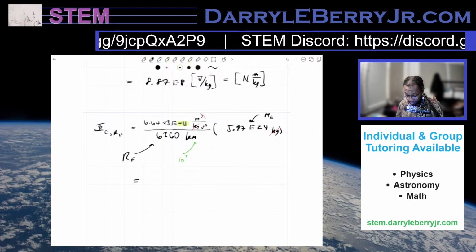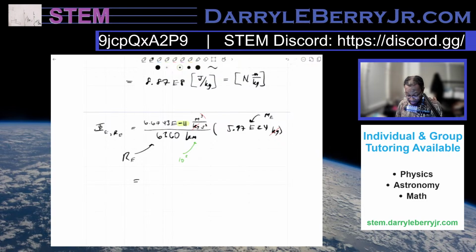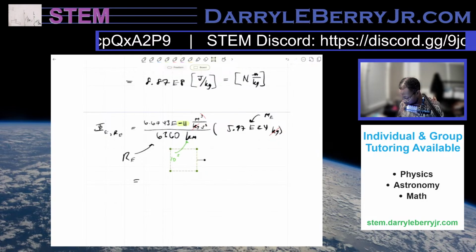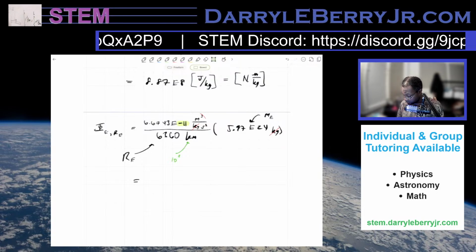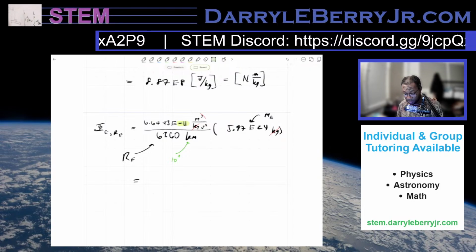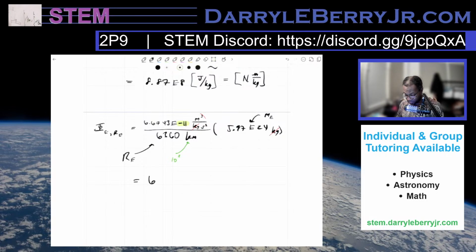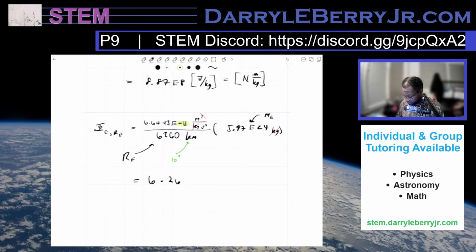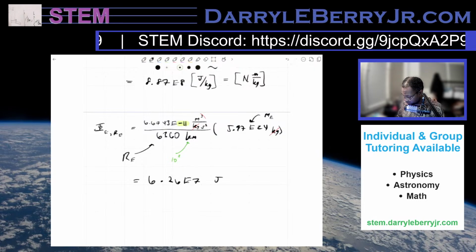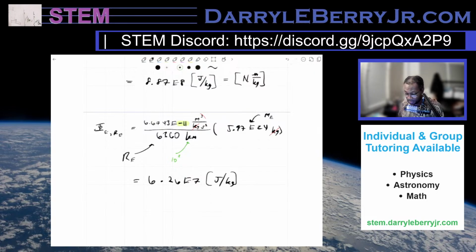And 6360. Still putting my 10 to the 3 to make it in meters. 6.26 times 10 to the 7. And now I'll just put joules per kilogram. All right, so that's that.